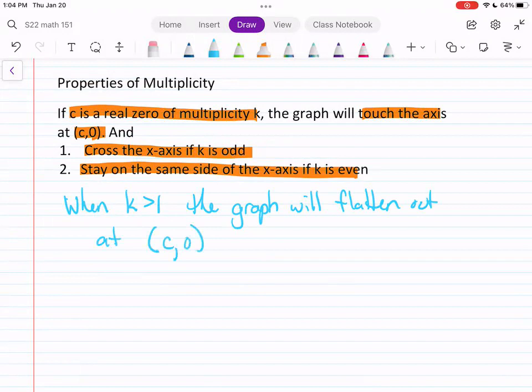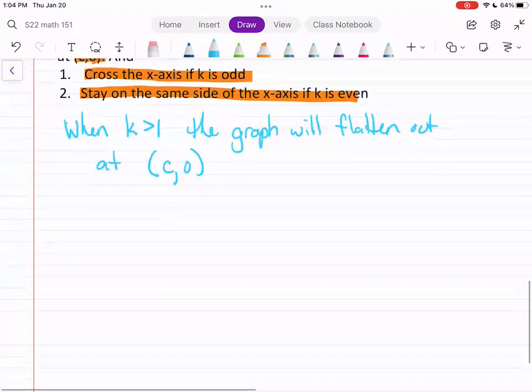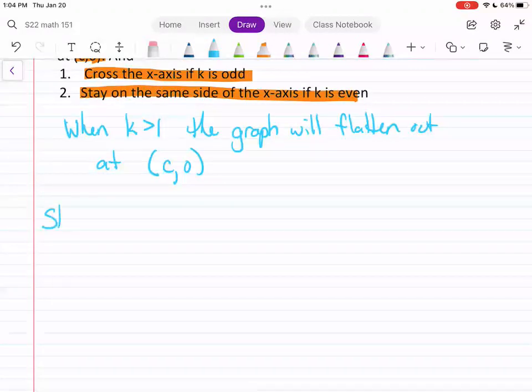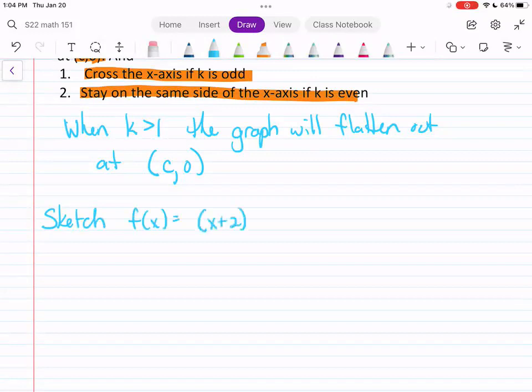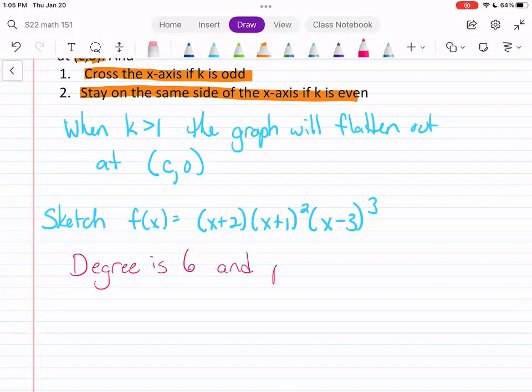We can also get our graphs to be much more accurate using these ideas. For example, if we want to sketch the graph f of x is equal to x plus 2, times x plus 1 squared, times x minus 3 cubed. Note that the degree here is 6, and there is a positive leading coefficient.